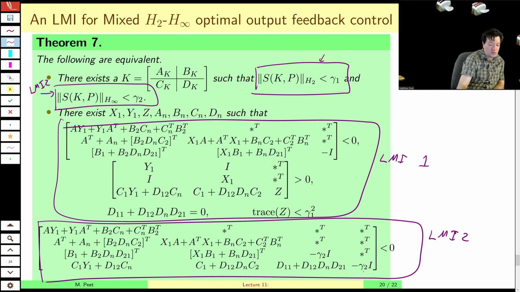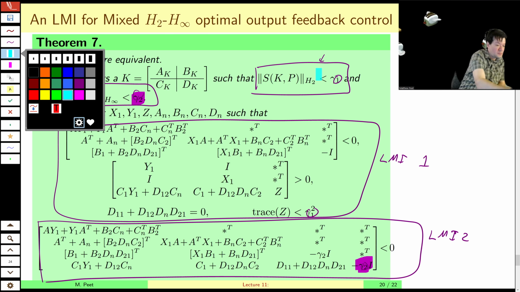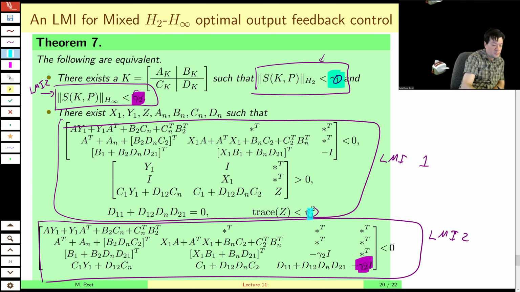Different gammas, of course: this is gamma 1, and this is gamma 2. So one constraint ensures the H infinity norm is less than gamma 2, and one ensures the H2 norm is less than gamma 1.